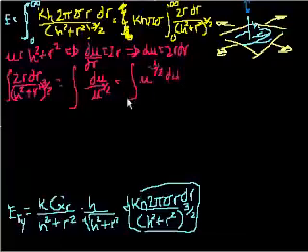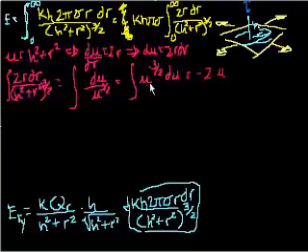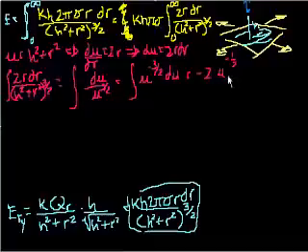This is just kind of reverse, I guess you would call it, the exponent rule. So that equals minus 2 u to the minus 1/2, and we can confirm, right? If we take the derivative of this, minus 1/2 times minus 2 is 1, and then subtracting 1 from minus 1/2, we get minus 3/2. And then we could add plus c, but since we're eventually going to do a definite integral, the c's all cancel out.